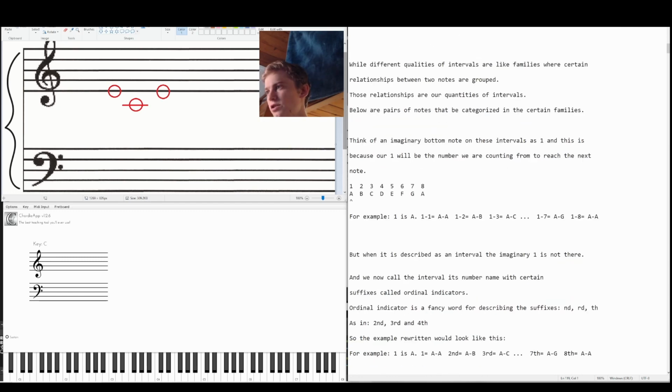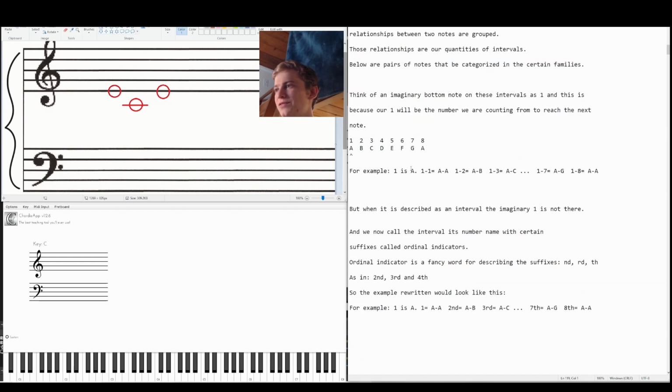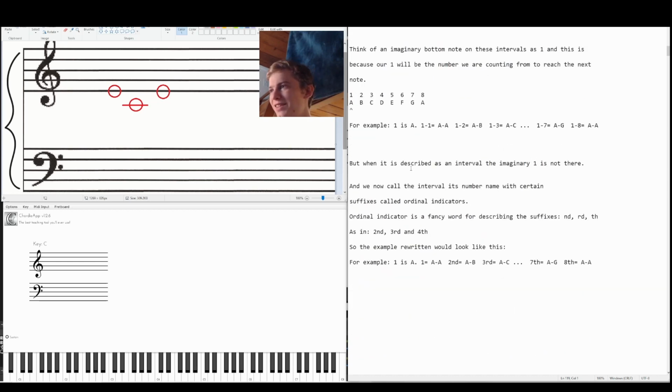Okay? So below are pairs of notes that can be categorized in certain families, but I'm not going to categorize them in the families quite yet, because that is going to take a few steps. All this stuff is going to have to build on itself, so we're going to get there. But first, we're going to talk about the actual intervals themselves that can fit there before we fit them there.